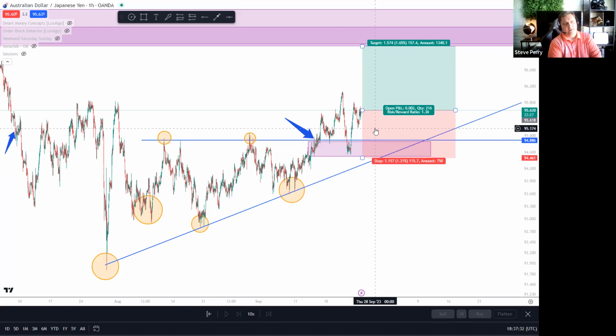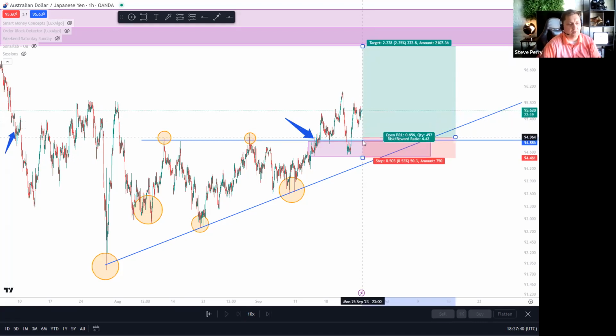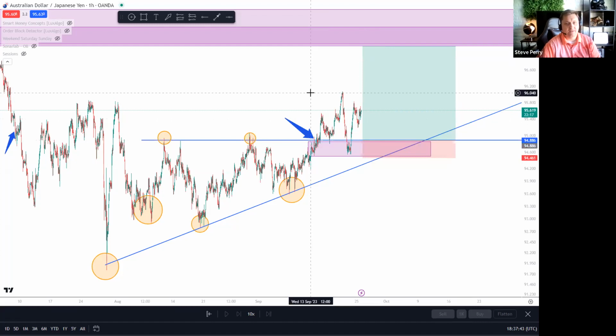You're making some money, which I think is better than no money. But if you can get a 1 to 6 or a 1 to 5, that's game changing, right? You know how many losses you can afford if you can get a 1 to 5, 1 to 6. That gives you so much confidence to trade really well going forward if you can capture that. So that's the big question, if I can get away with that.